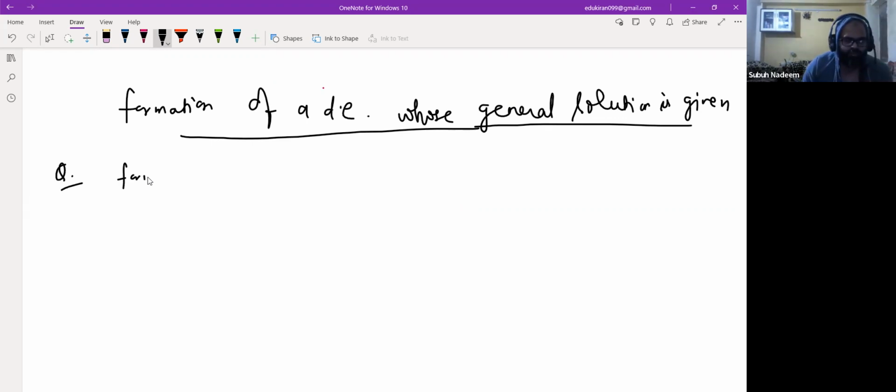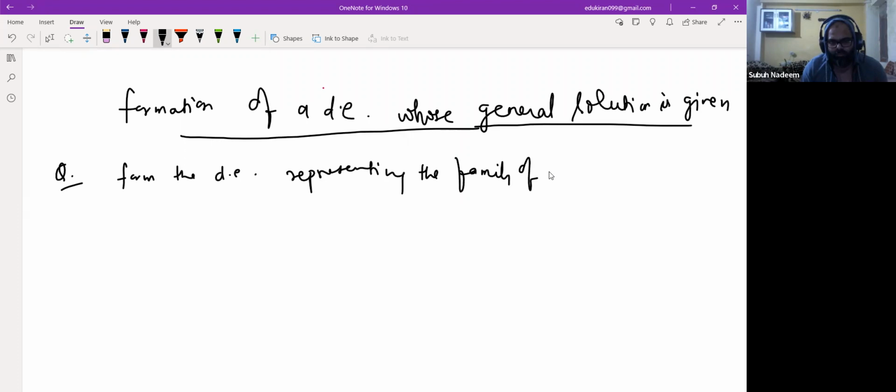Form the differential equation representing the family of curves y is equal to mx, where m is an arbitrary constant.